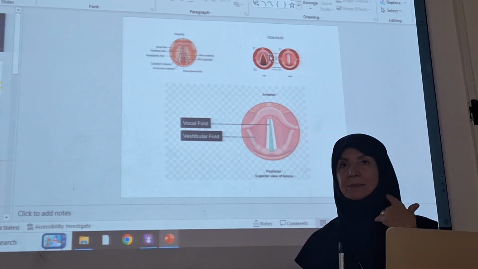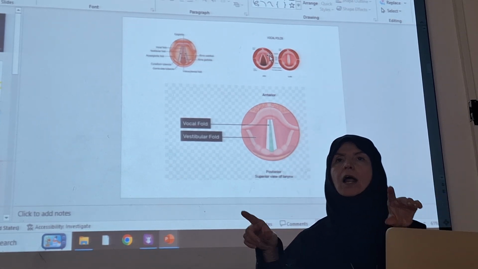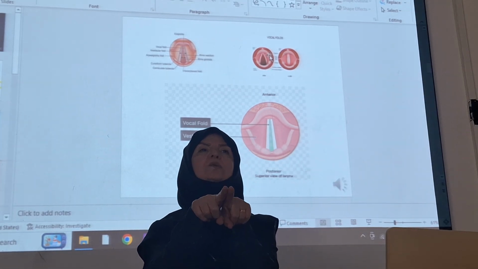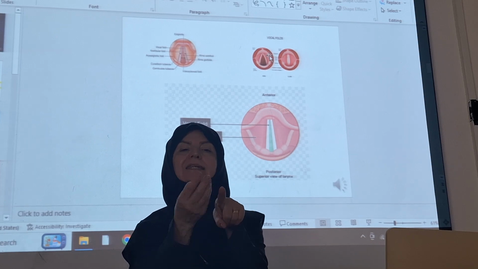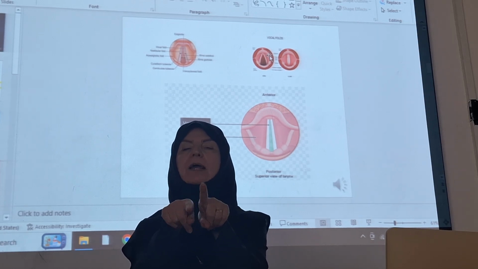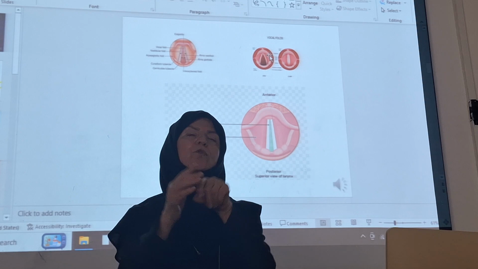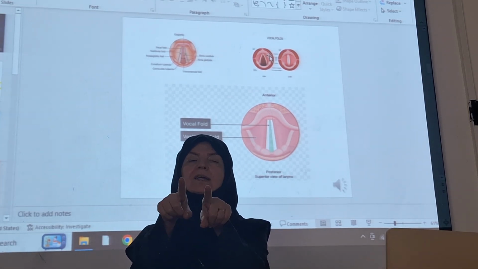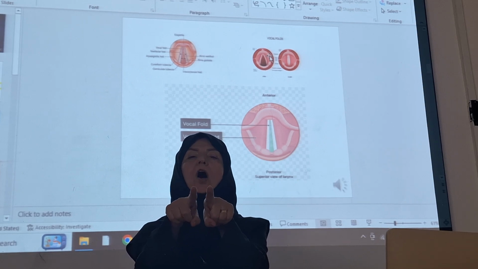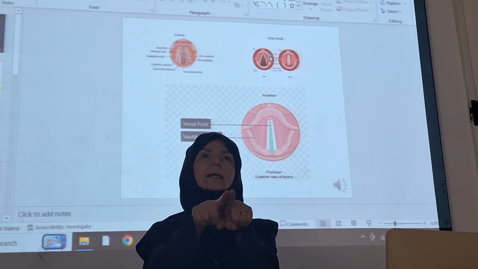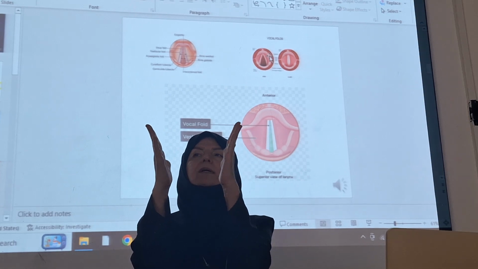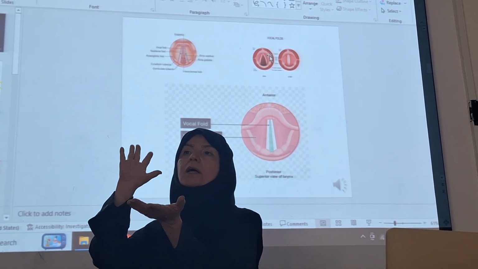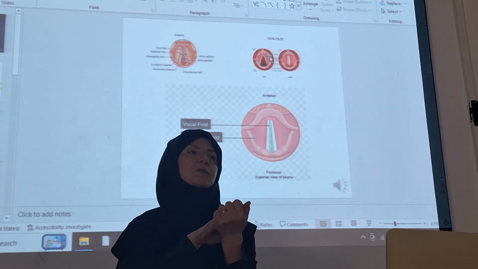When you are speaking, the vocal ligaments come close to each other, and the air passes and vibrates them, making sounds for you. When you are swallowing, both vocal ligaments are close to each other, the vestibule is closed, and the inlet of the larynx is also closed.